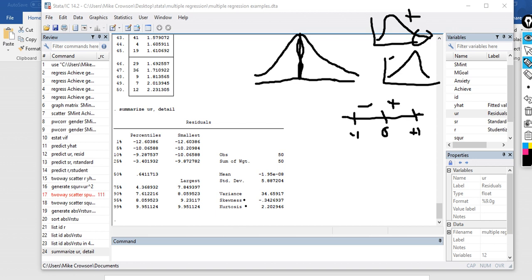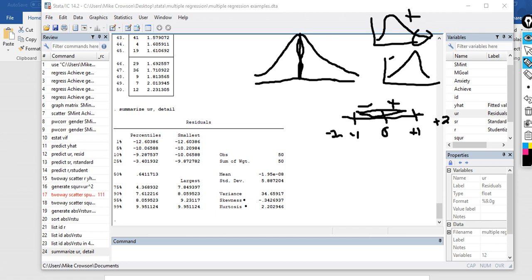This is a fairly liberal threshold for saying that we have a substantial departure from normality on the skewness dimension. Another possibility is to use -2 to +2 as your thresholds. But at any rate, you can see right here that skewness for the residuals is -0.34. So it's falling within this range, and from a descriptive standpoint, it's not a substantial problem.